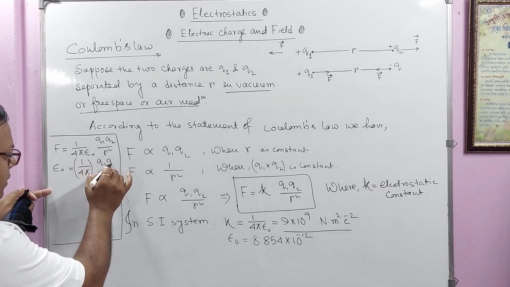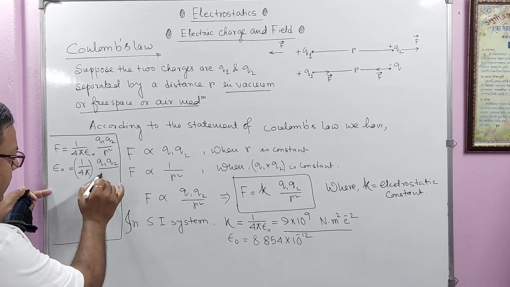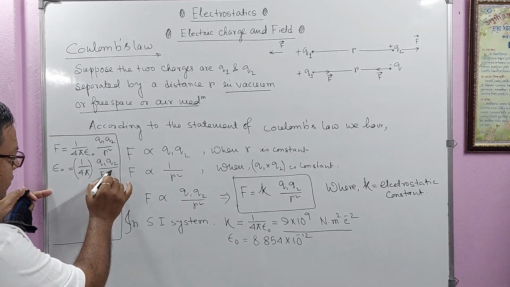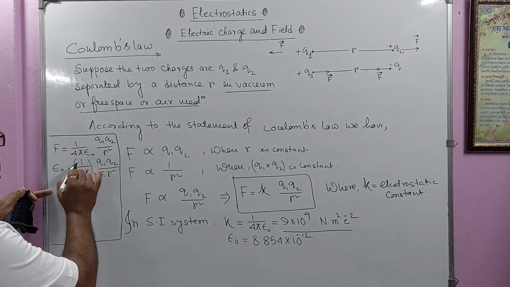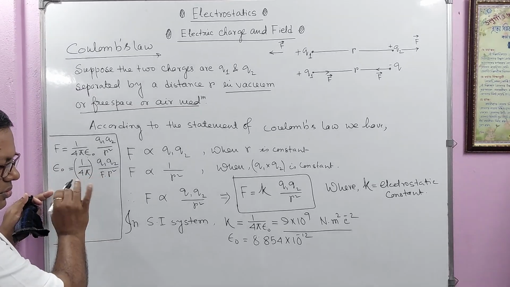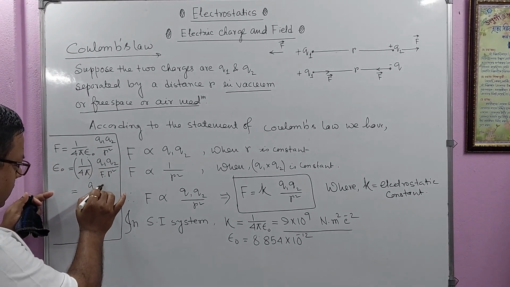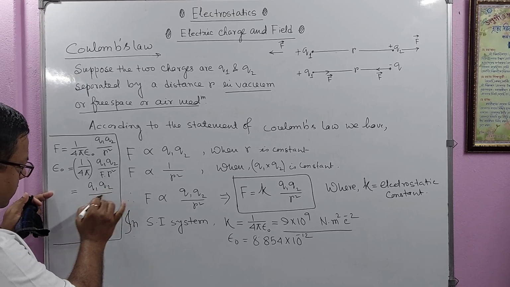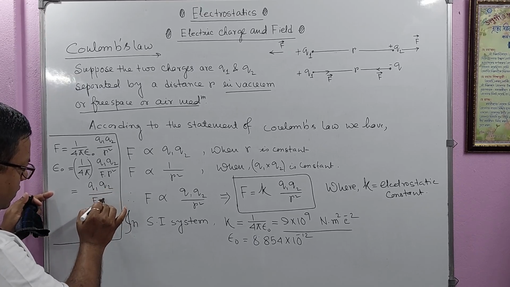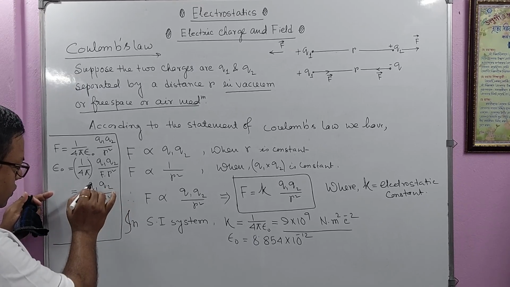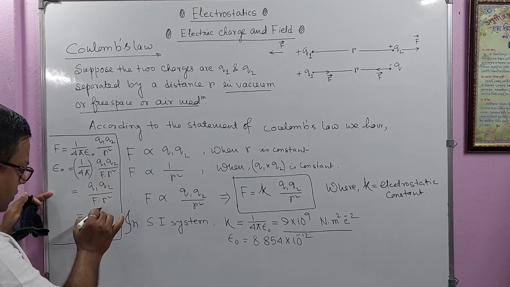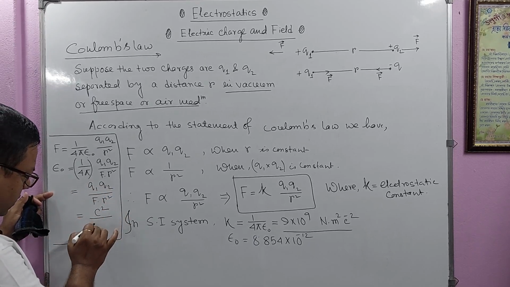Then Q1 Q2 by F R square. So since it is a constant, it has no unit. So we can write Q1 Q2 by force into distance square. So Q1 is Coulomb, Q2 is also Coulomb, that is Coulomb square.